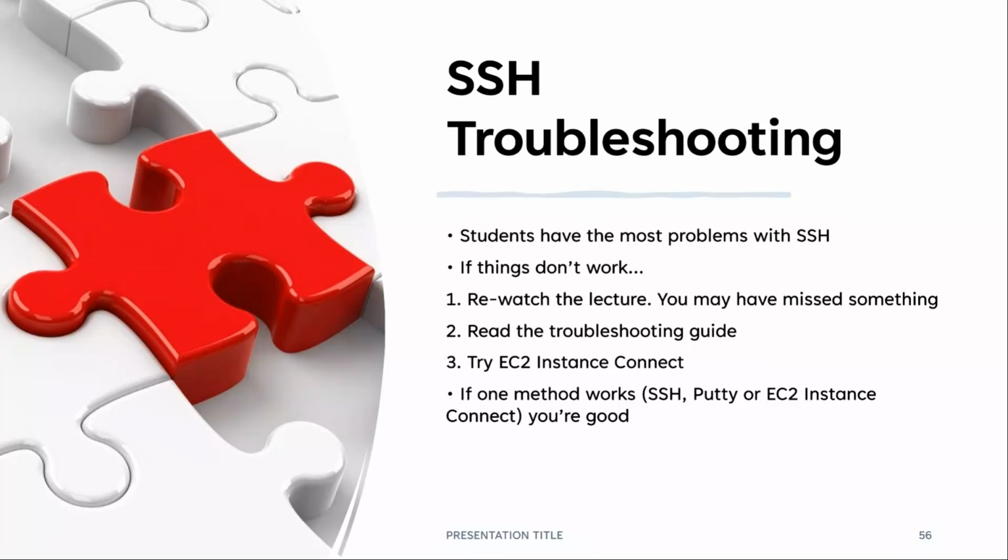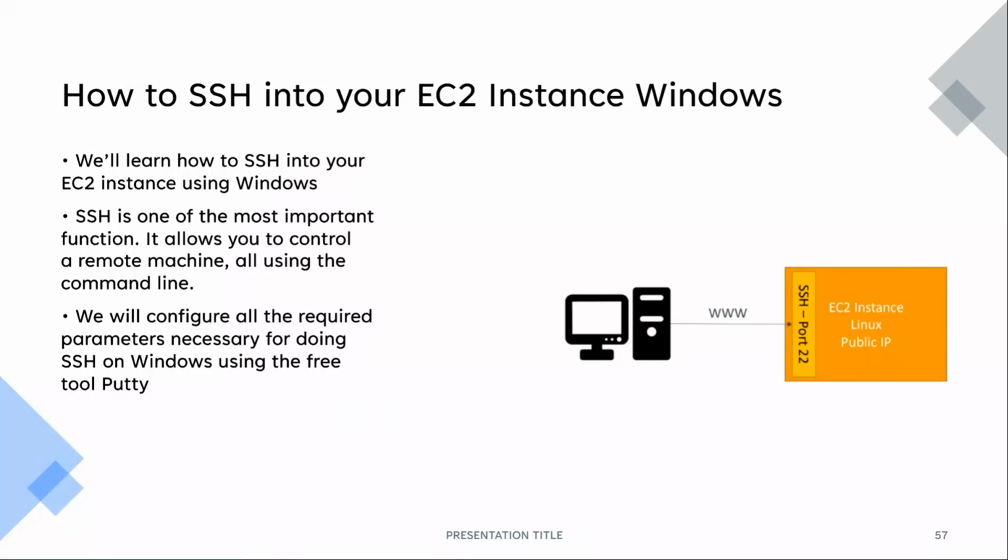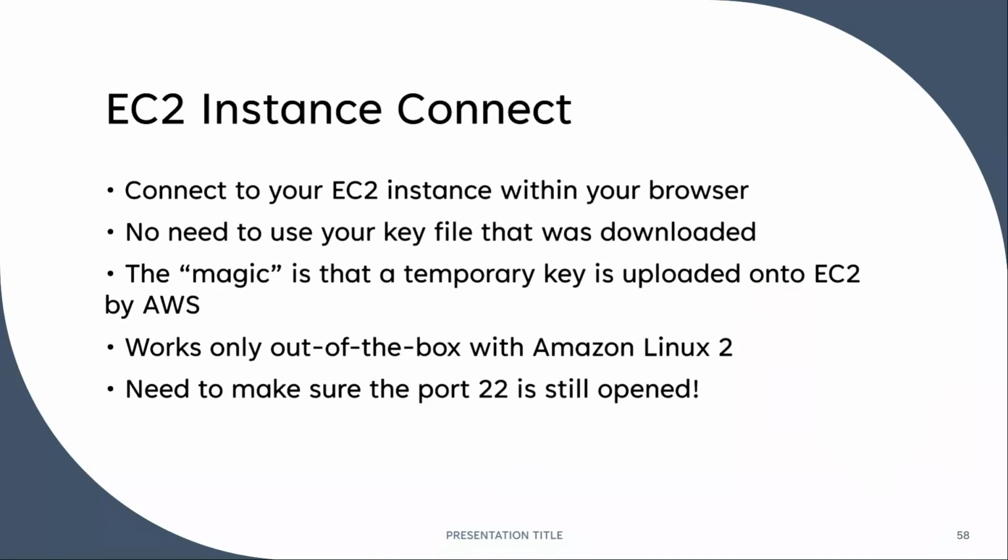If one method works, then you are good to go. If EC2 Instance Connect works, then it's fine. If Putty works, then it's also fine. If you are able to SSH, then it's also fine. I think you know the steps to SSH into your EC2 instance from Windows, so I don't think I need to explain it any further.